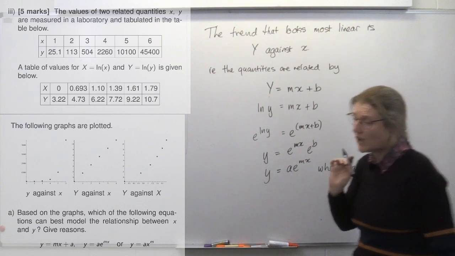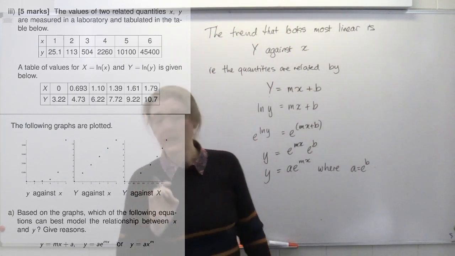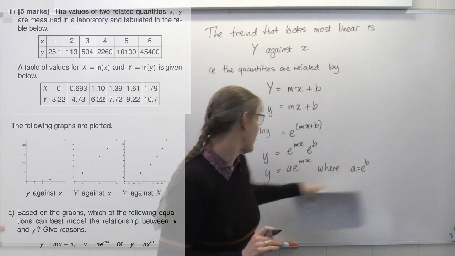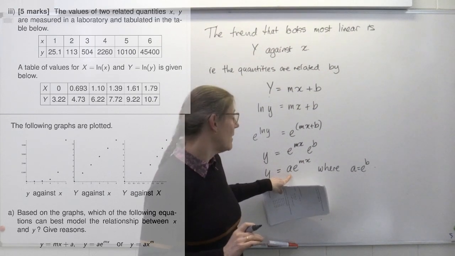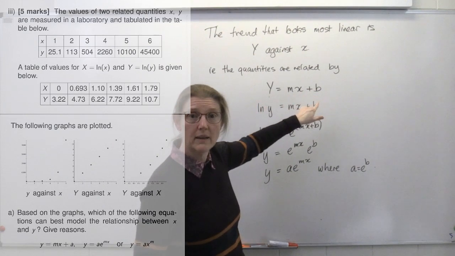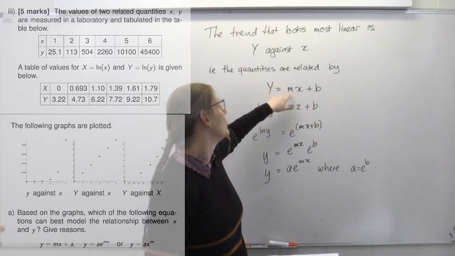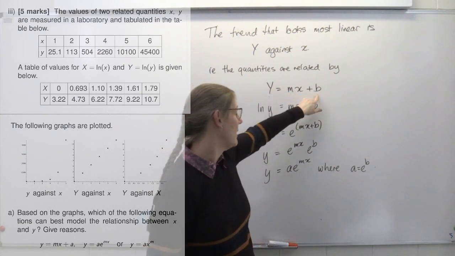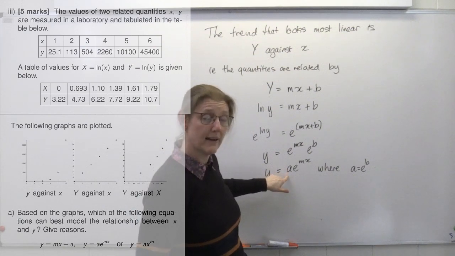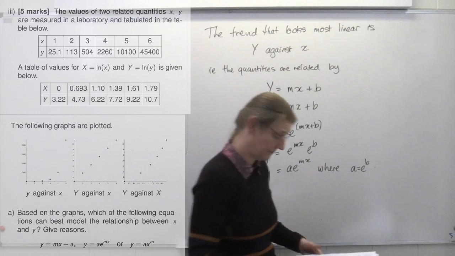So our relationship is y equals a e to the mx, and we have just a constant at the front, but we know how that relates to a line, which we can then create a line of best fit to determine m and b, and thus our exponent m here, and a, our coefficient. Because once we know b, we can work out what a is.